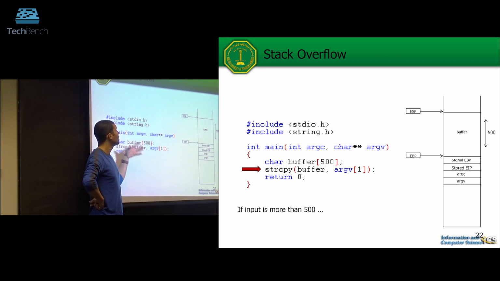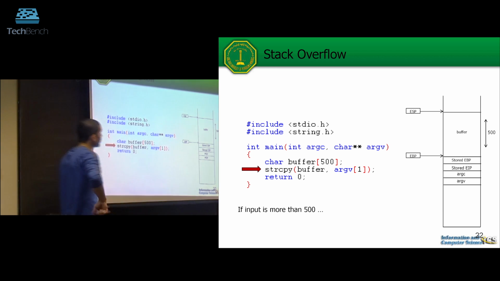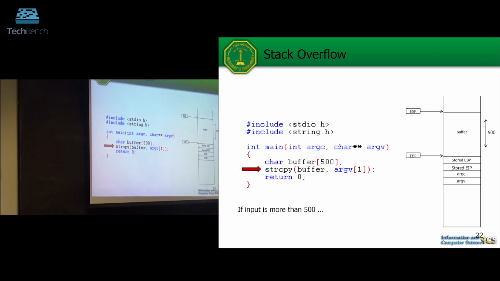If that user input is less than 500, we are fine. If it is more than 500, it will override other stuff. The goal of the attacker is to override the EIP. If the input is long enough, you will override a lot of information on the stack, and in particular the stored EIP.